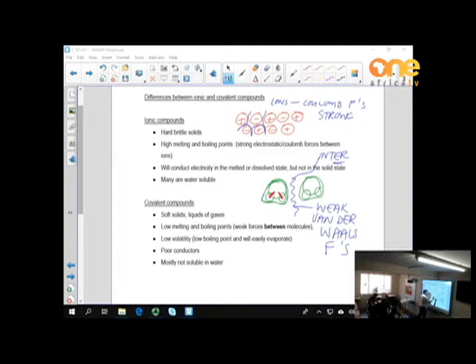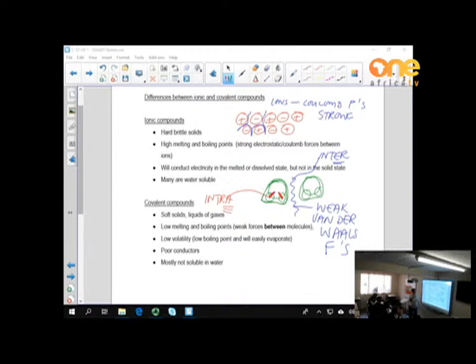Those forces are intramolecular forces. It's a force inside the molecule, and that happens to be a covalent bond, which is strong. Covalent bonds are strong like any other chemical bond is strong.